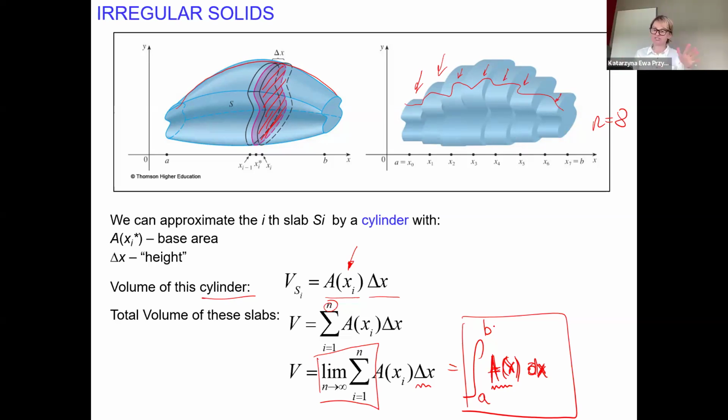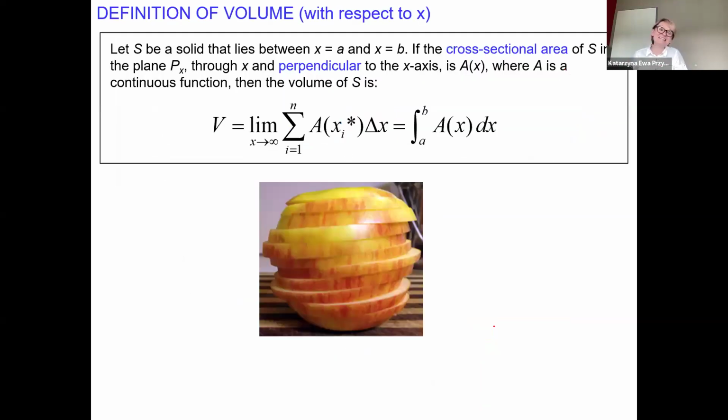Okay, that's it. And let's look at this one. Oh, that's actually nice, the apple. What's the volume of the apple? We may slice it, and we can see this will be the thickness of each slice, delta x.